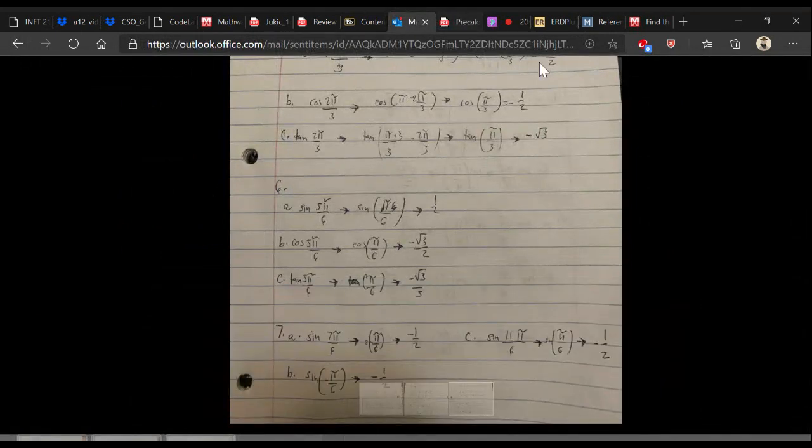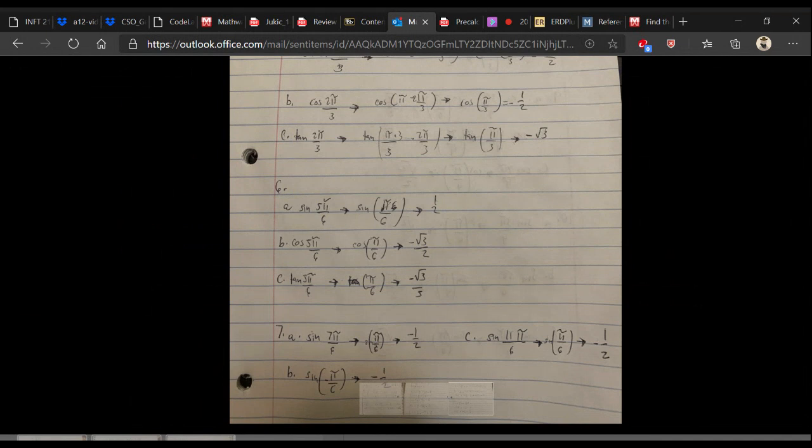Let me ask you very important questions. How do we use the reference angle? Let's see the first one, sine 5 pi over 6. 5 pi over 6 is in which quadrant? Quadrant 2.